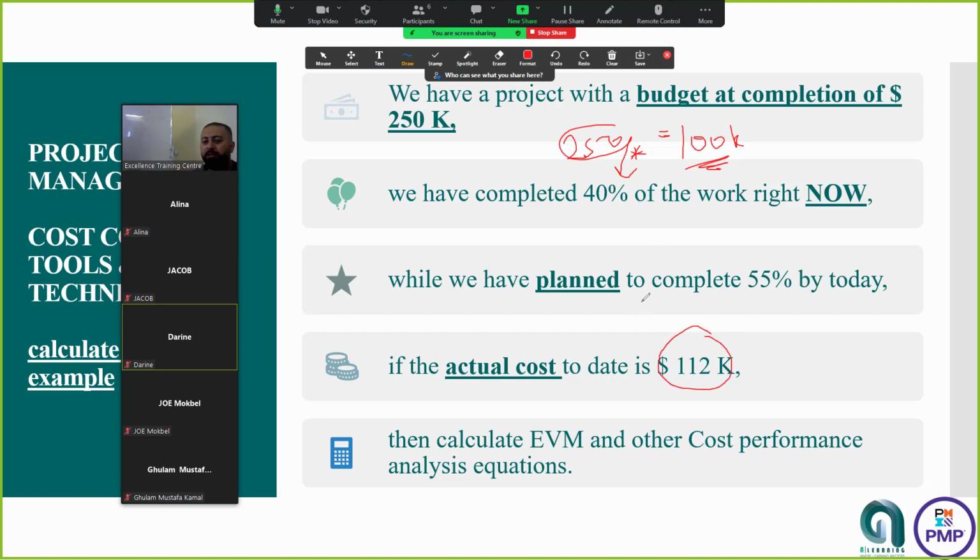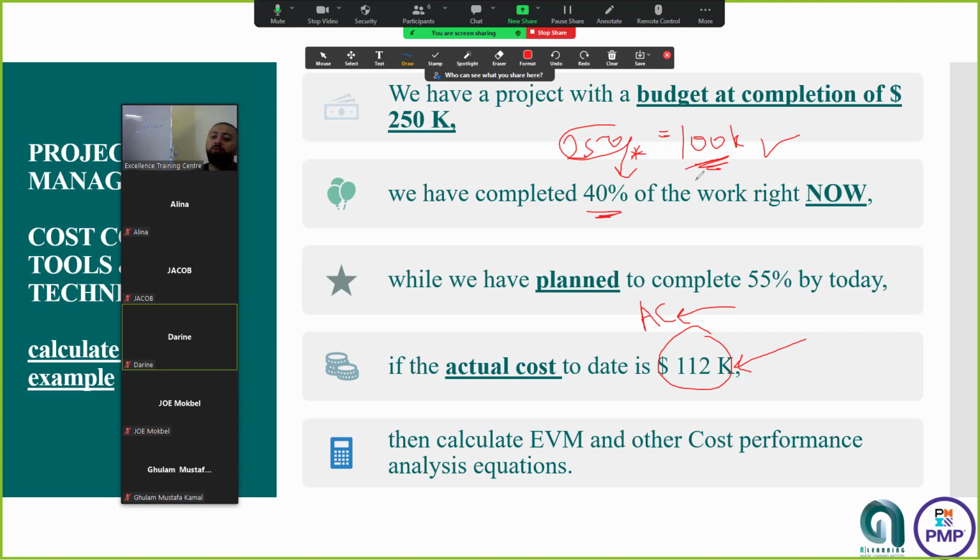This is the EV, right? Calculate it, guys, by your mobiles. 250 multiplied by 40%, right? Yes. It's 100K, so it is a correct calculation. The actual cost, AC, is equal to 112K. Great. So we have spent 112K by completing 40% of the scheduled work.